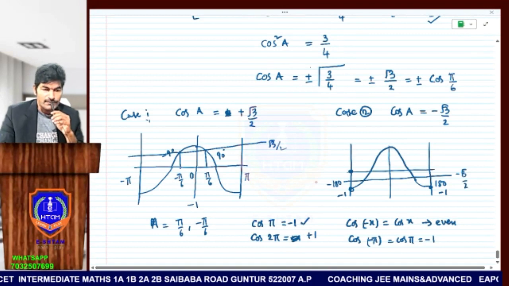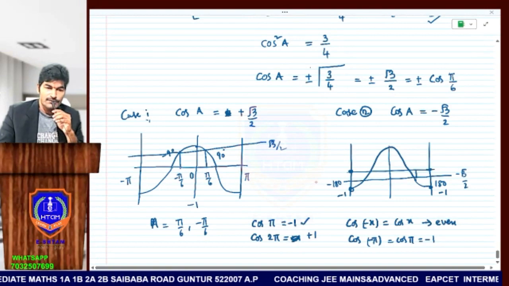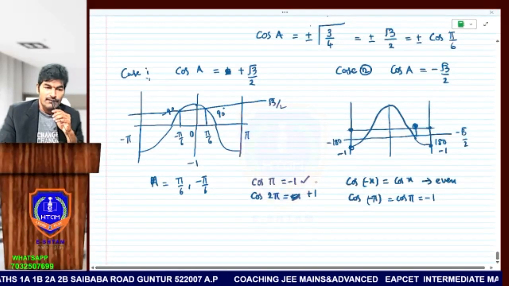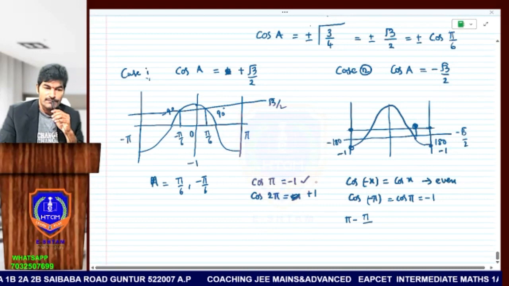So look at the values. And this is 180. You have to be below the value of 180. Look at this value, this value is below 180. So write down the values as pi minus, how much is that? Pi by 6.